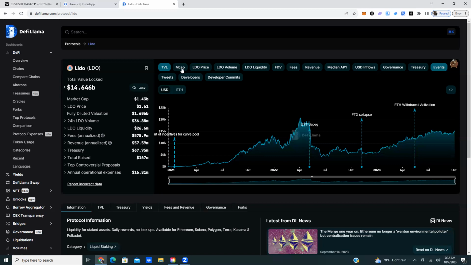So you can see the market cap, the LDO price, LDO volume, the LDO liquidity, the FDV, which is the fully diluted value, the fees, the revenue, the median APY, USD inflows, the governance, the treasury. All of these things give value to this particular platform.